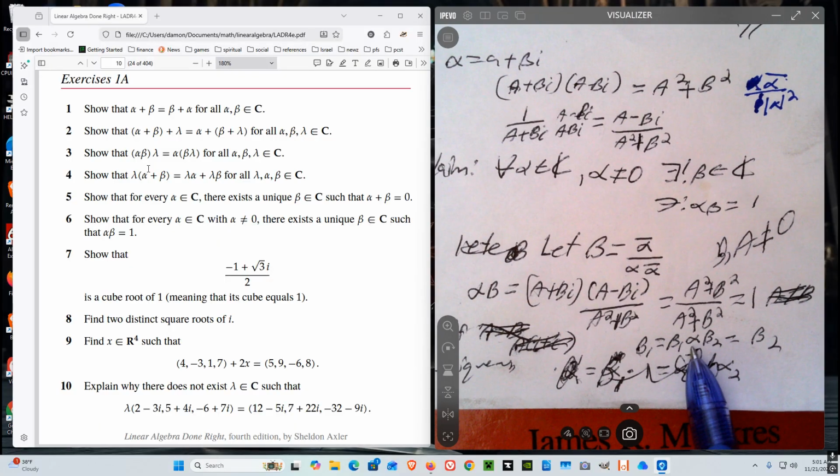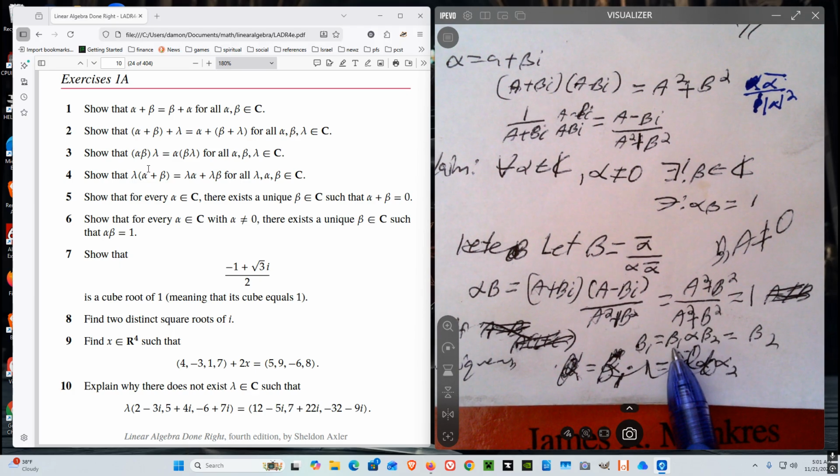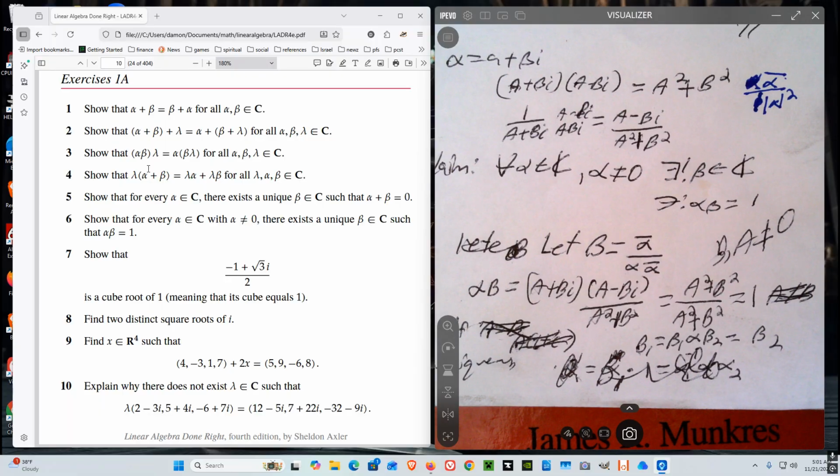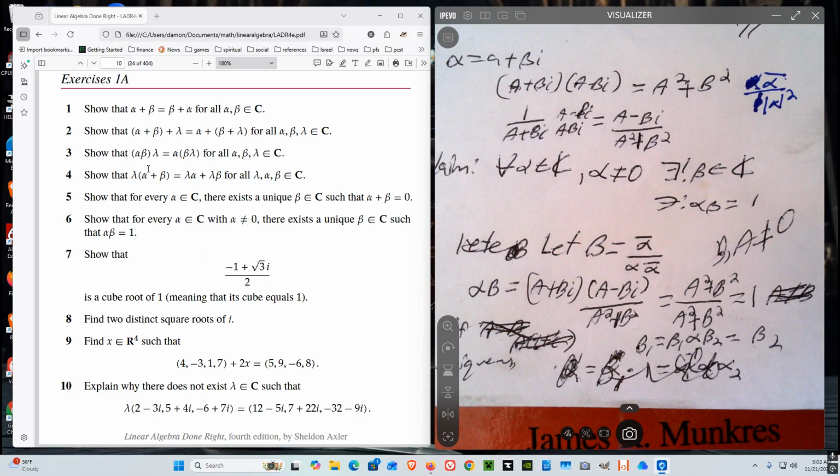By associativity of multiplication, which we showed in problem number 3, let me multiply beta 1 times alpha first. And beta 1 times alpha, by commutativity, which we showed earlier in the previous video, is the same as alpha beta 1, which is 1. And 1 times beta 2 is beta 2. So that shows beta 1 equals beta 2.